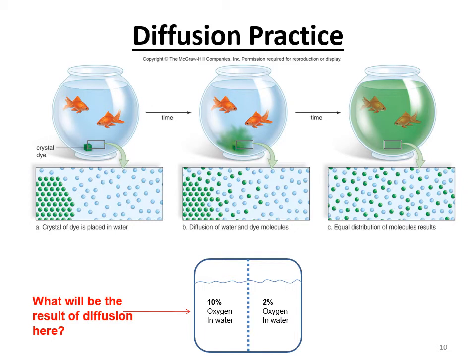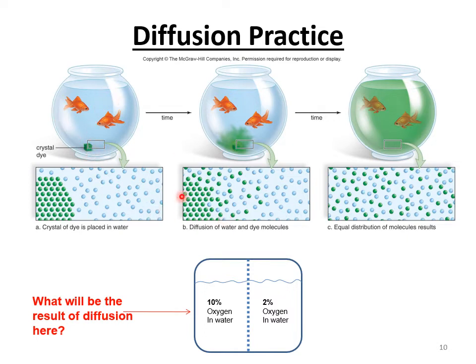It's showing that if you have the solute, which is the crystal dye, in the solvent, which is the water, okay? In this first picture, all of the crystal dye is over here. So this is high concentration here, low concentration of crystal dye or green dye everywhere else. So where is that dye going to want to move? To where the concentration is low.